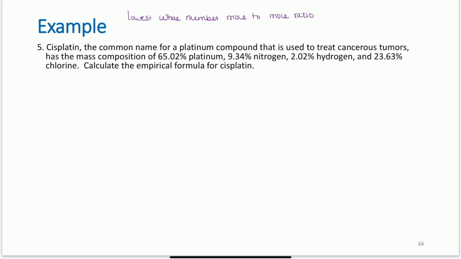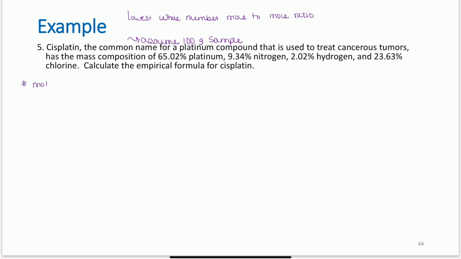Because we're given just pure percentages, we are going to assume a 100-gram sample. Again, you do not need to write this assumption on your work. I'm just reiterating this because I know it can help students remember how to go about these problems.